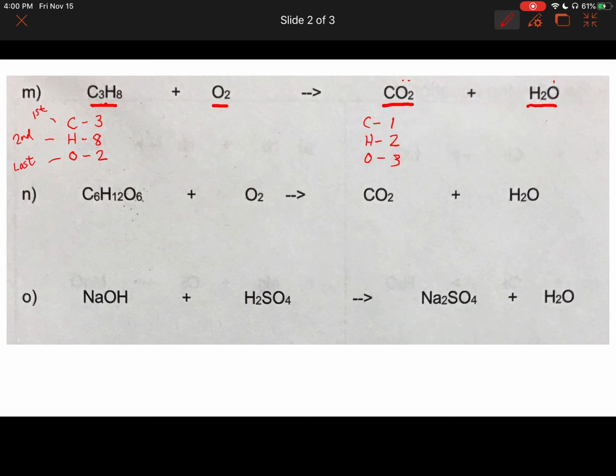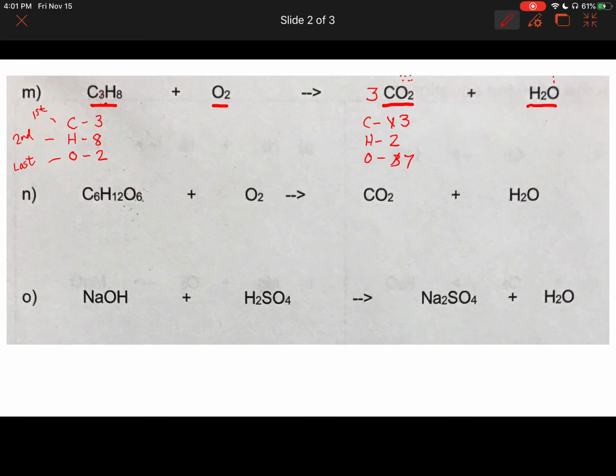I have 3 right here, and if I put a 3 right there, now I can update my atom inventory. Now I have 3 carbons. I still have 2 hydrogens, and I have 6 oxygens plus the oxygen there, which is 7. So my total of oxygens is 7.